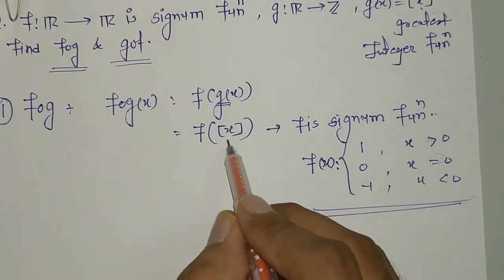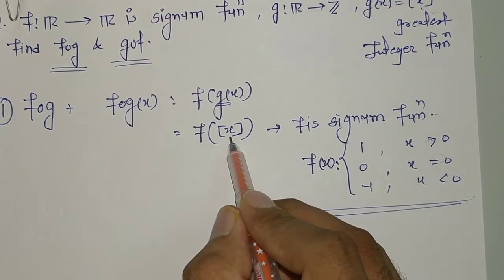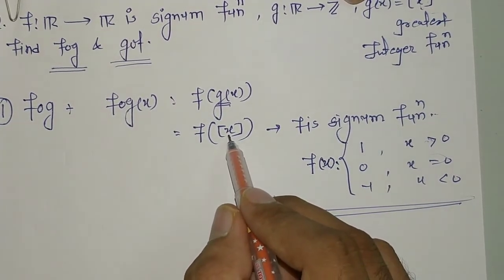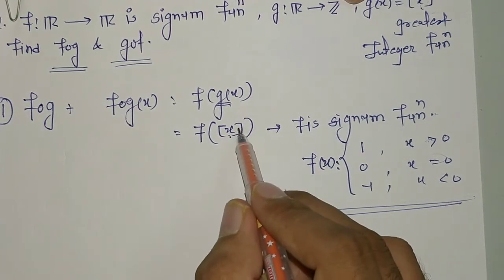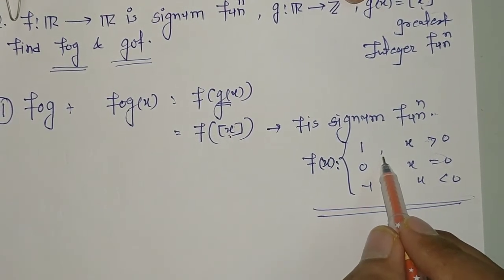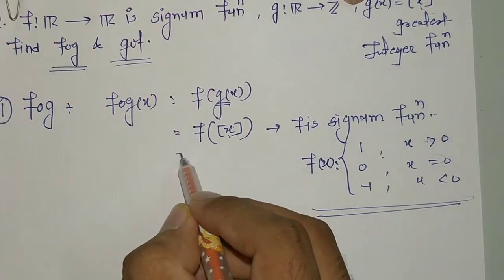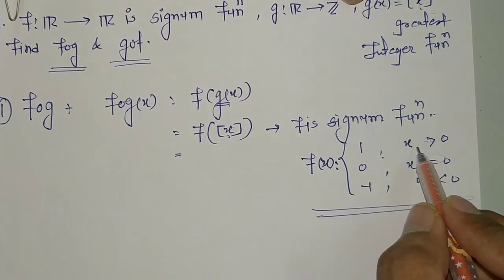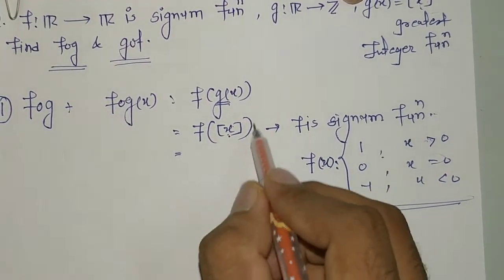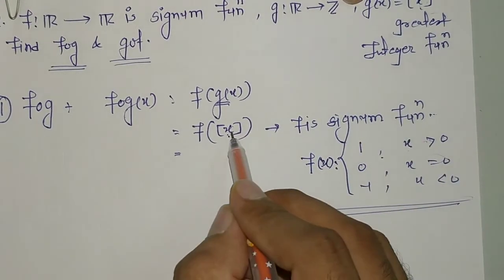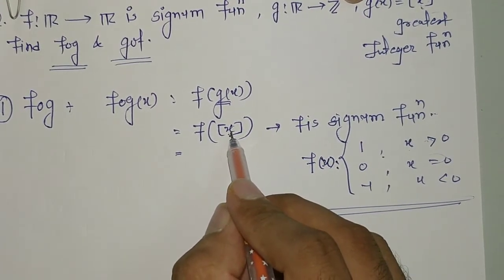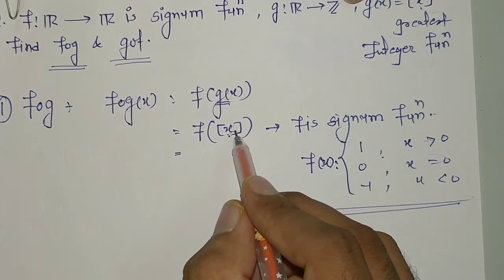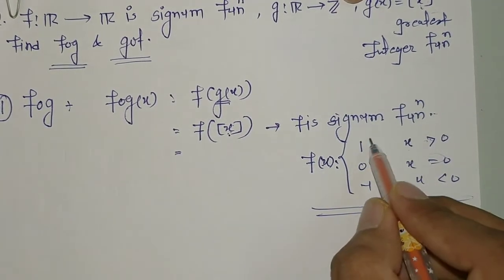Okay, now as a greatest integer function, if we put a positive value in the greatest integer function, we will get a positive value, and for a positive value we will have 1.